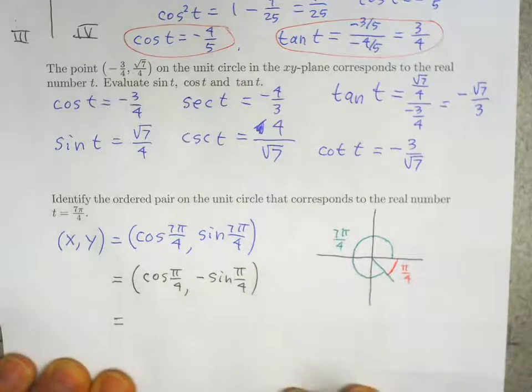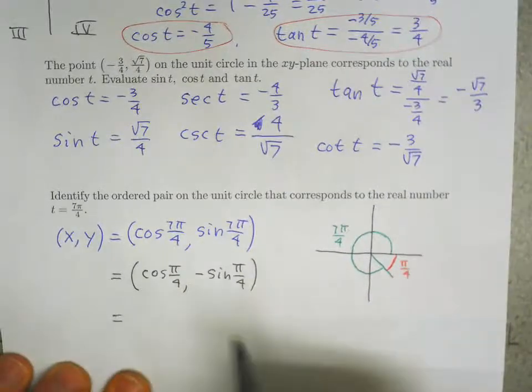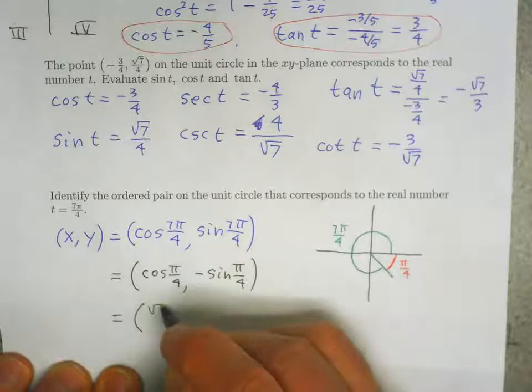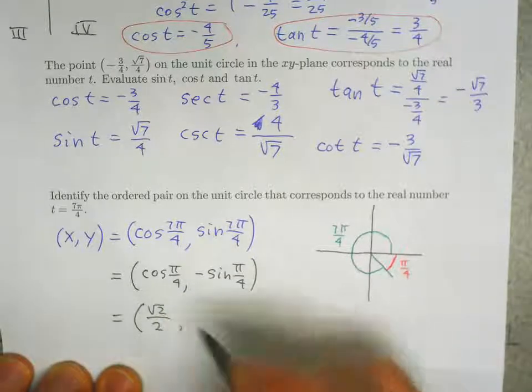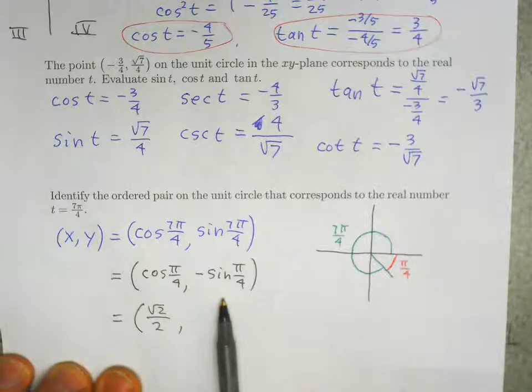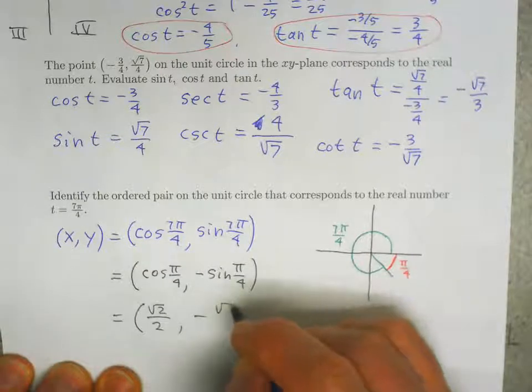But we know what those are. Cosine of pi over 4 is the square root of 2 over 2, and negative sine of pi over 4 is negative square root of 2 over 2.